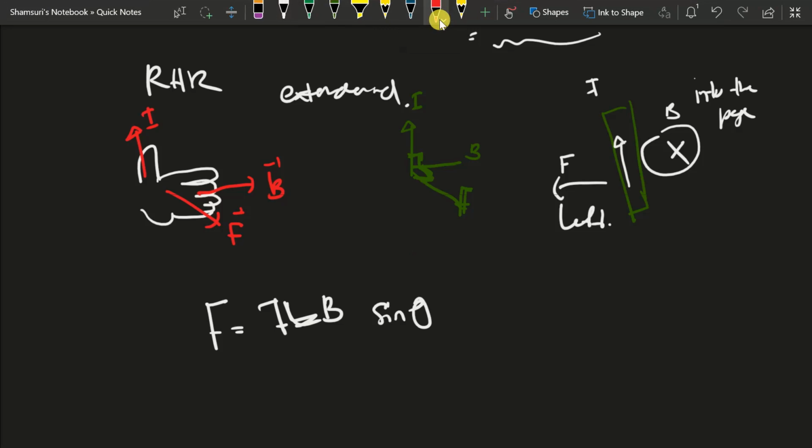I is the current, the one that we have. L is the length of the wire.